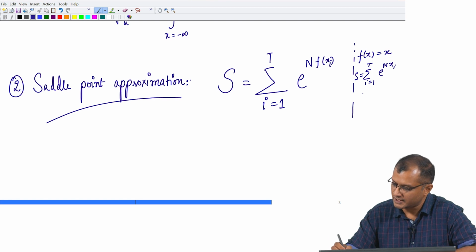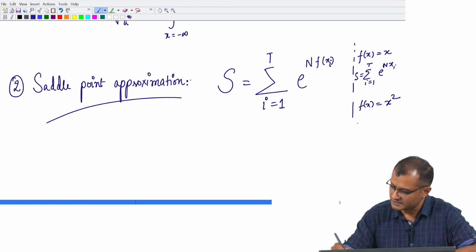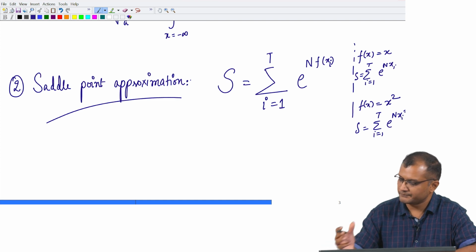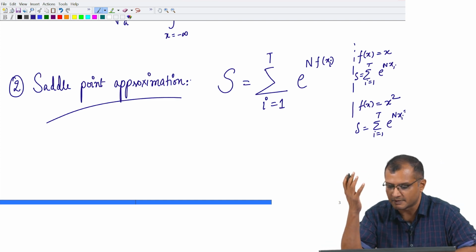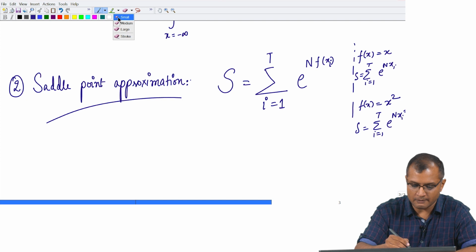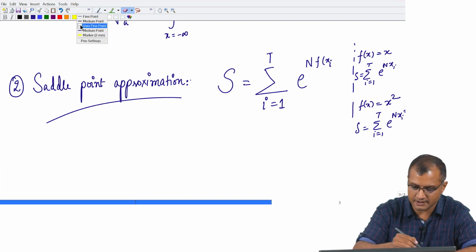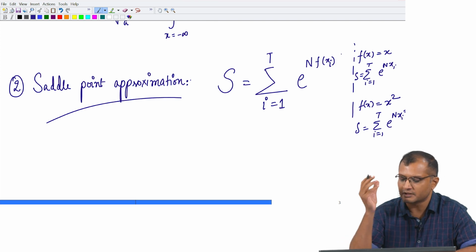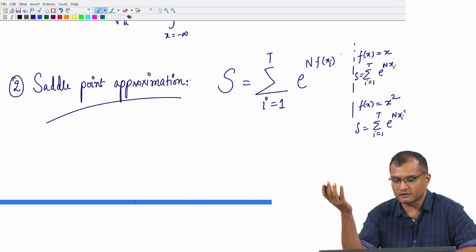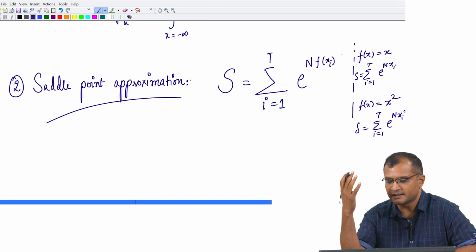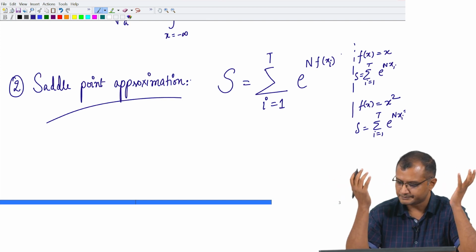Okay. You can take f of x as x square, then your summation becomes i going from 1 to t e to the power n x i square. You can take any function basically. So, what I am going to do is take any function f of x and simply sum over various values of x and take t such terms and add them up.